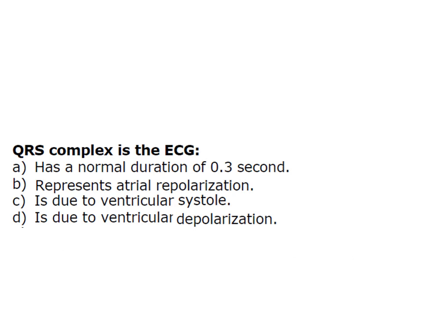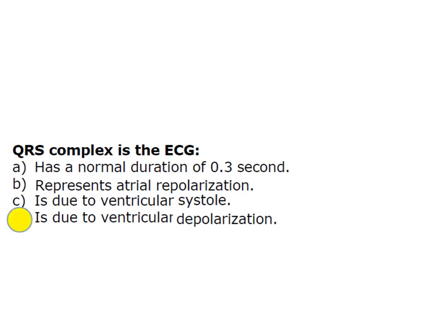MCQ. The QRS complex in the electrocardiogram has a normal duration of 0.3 second. Wrong. We said before that the normal duration is from 0.08 to 0.10 second. Represents atrial repolarization. False. Is due to ventricular systole. Is due to ventricular depolarization. The right answer is D, not C. Why?